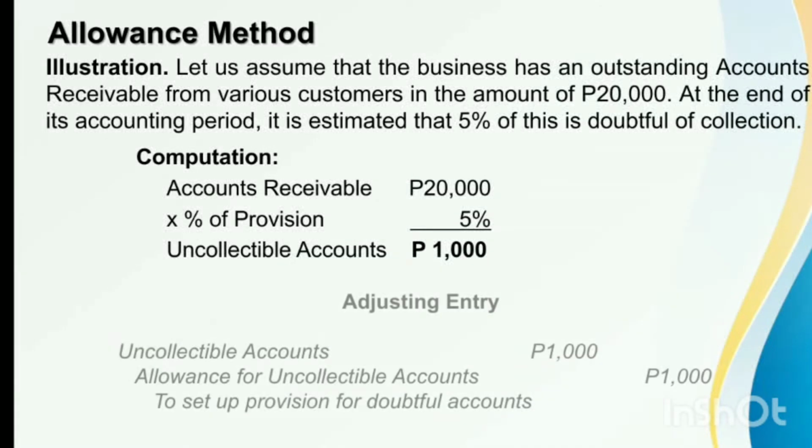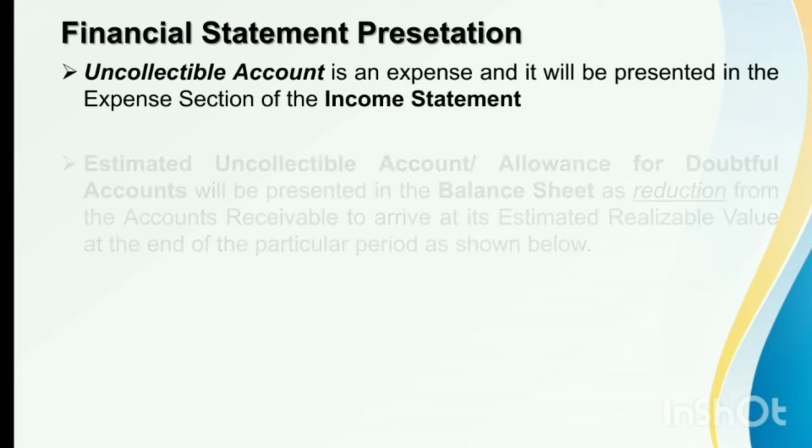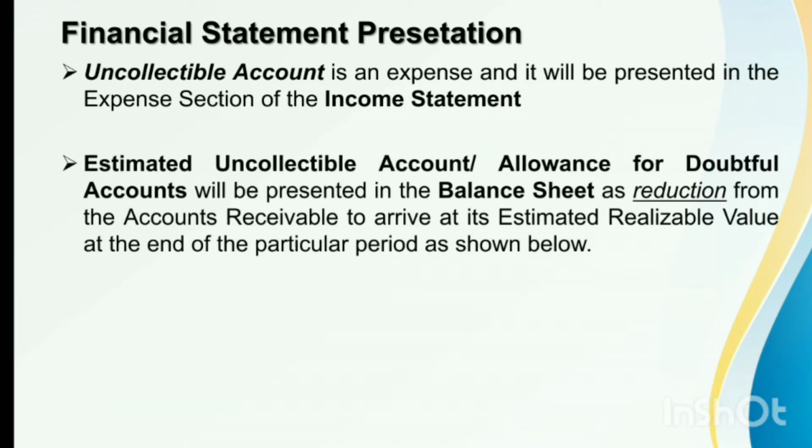And this is the adjusting entry for this. Debit to uncollectible accounts, 1,000 pesos, and then credit to allowance for uncollectible accounts, 1,000 pesos. This is to record the provision for doubtful accounts. The uncollectible account is an expense, and it will be presented in the expense section of the income statement, while the estimated uncollectible account, which is also known as allowance for doubtful accounts, will be presented in the balance sheet as a reduction from the accounts receivable to arrive at its estimated realizable value at the end of the particular period.